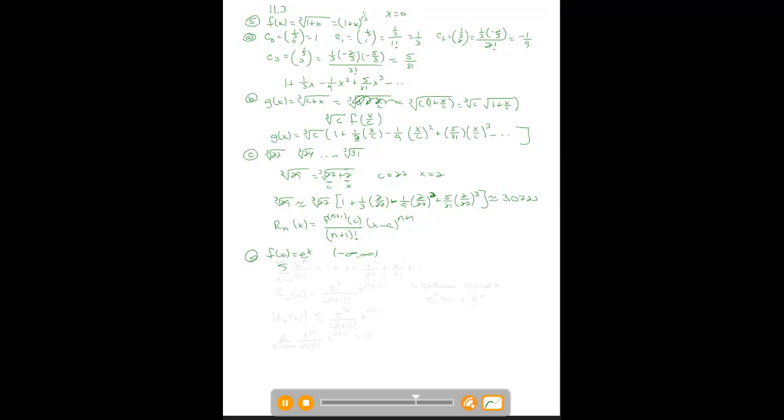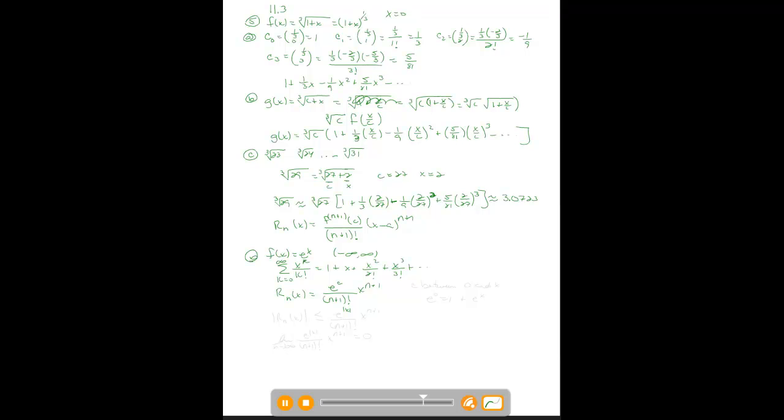So we already figured out that that summation was k equals 0 to infinity of x to the k over k factorial, which we could write out, and so on. So the remainder would be e to the c over n plus 1 factorial x to the n plus 1.